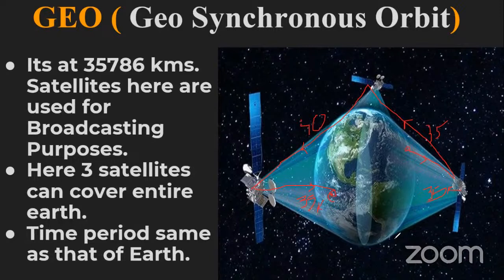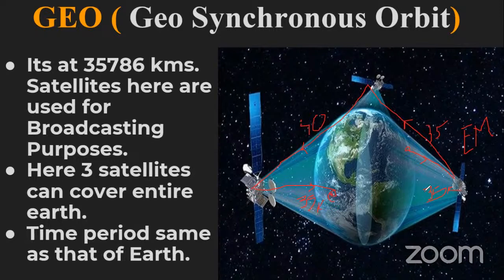Why is it like this? Because the signals which are getting transmitted are in the form of electromagnetic waves, and these electromagnetic waves travel at the speed of light.